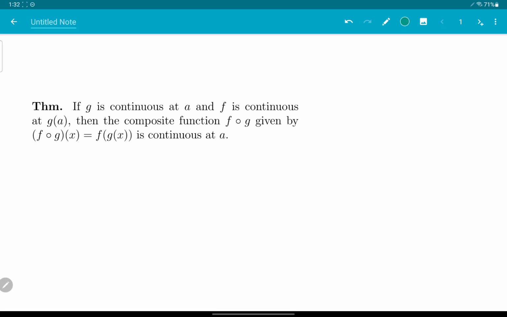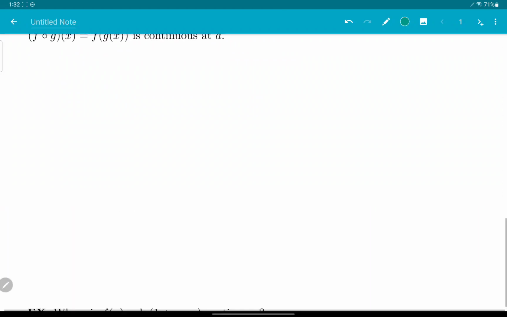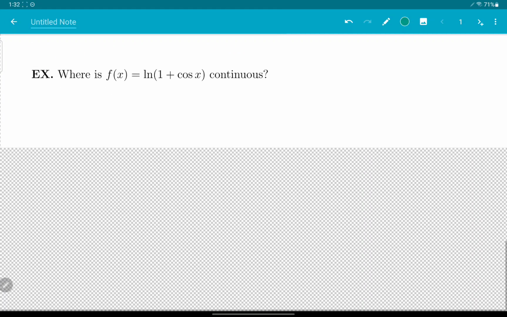So if g is continuous at some number, and f is continuous at g evaluated at that number, then the composite function will be continuous. So let's use this theorem to find the continuity of a certain function.